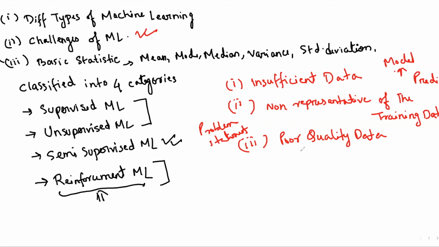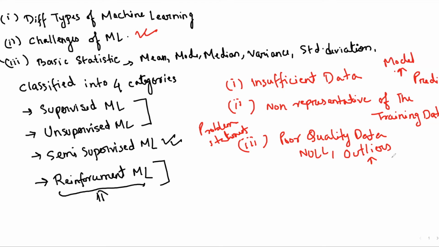Let's say we have lots of null values in the data, or there are huge outliers present in the data. I will discuss what outliers actually are. For now, we just understand that outliers are data which are completely different from the rest.